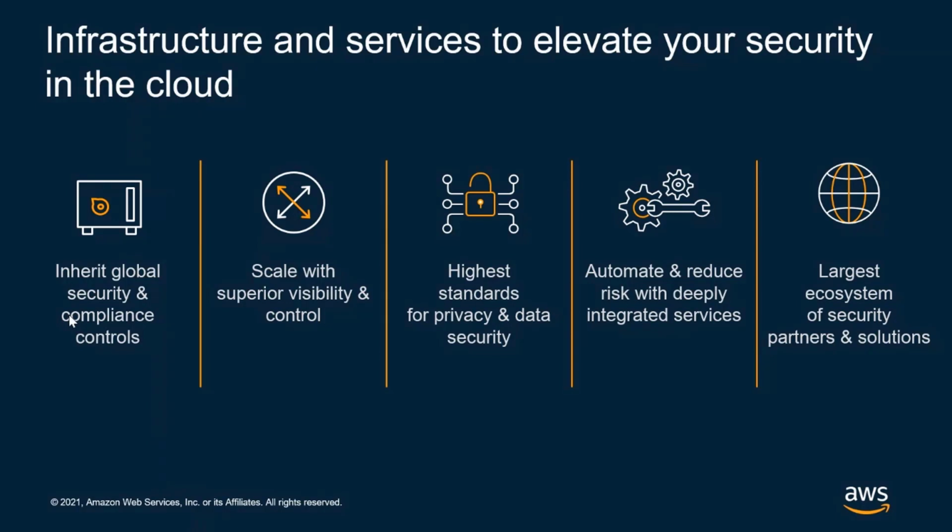And since a lot of security exposures come through inadvertent mistakes and manual control, there's a lot of tooling to automate and reduce risk with deeply integrated services and a lot of tools to monitor and inspect security posture automatically, as well as a huge ecosystem of security partners and solutions.